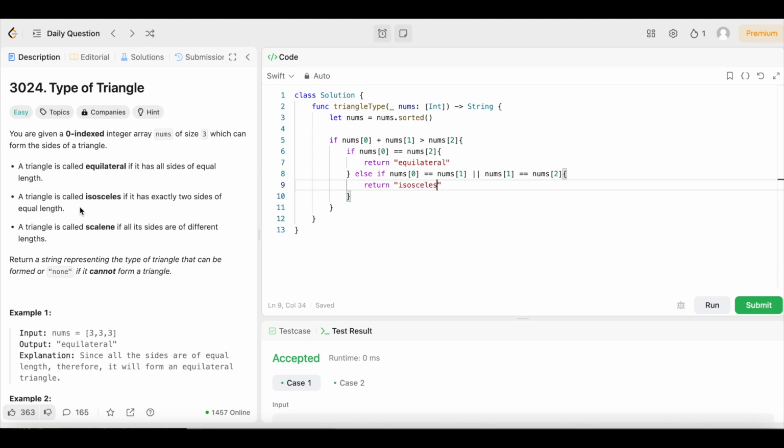Boom, right? A triangle is isosceles if it has two sides of equal length. So if these sides equal each other or these sides equal each other, we know it's isosceles.